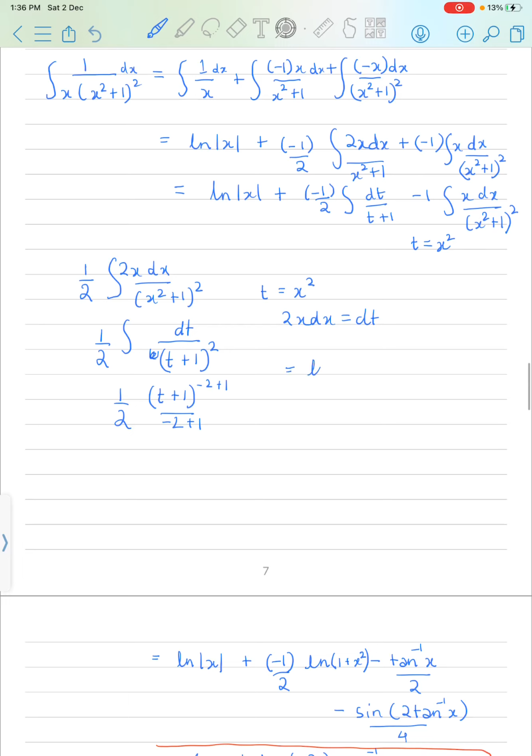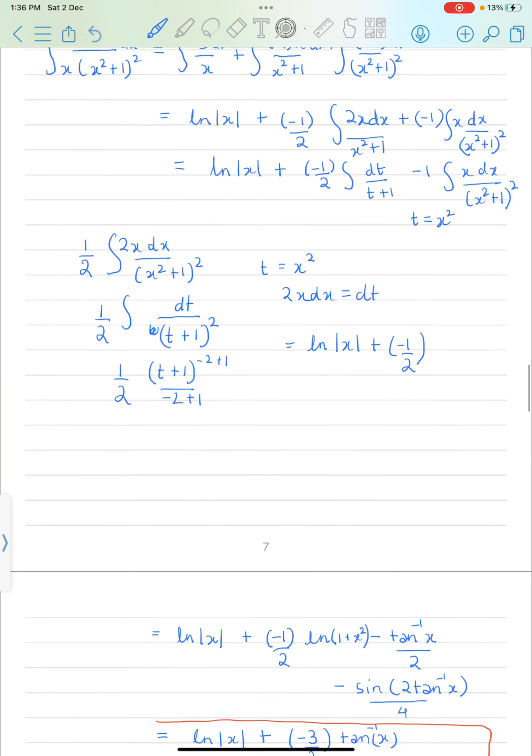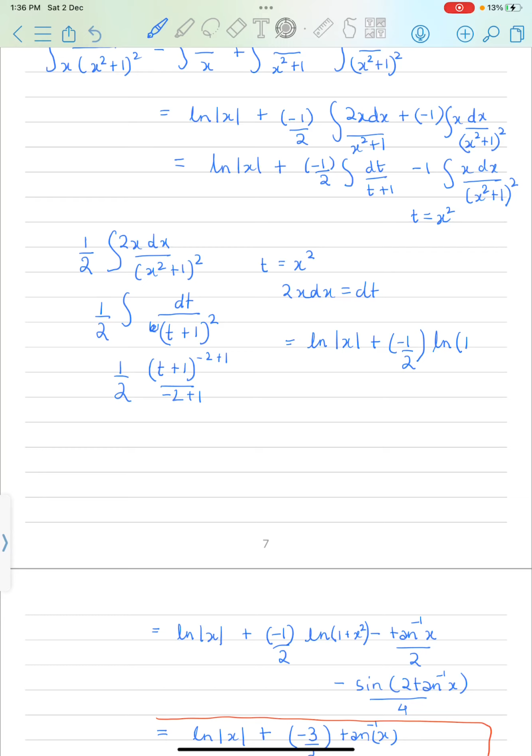So this will reduce to ln mod x minus half ln 1 plus x square.